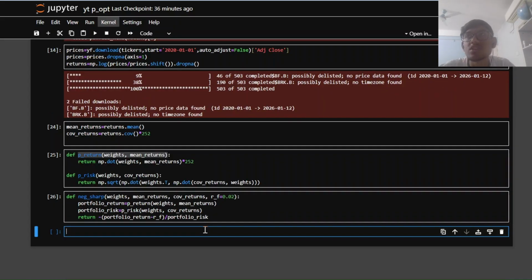So we need to define three more things, which are constraints, bounds, and initial weights.